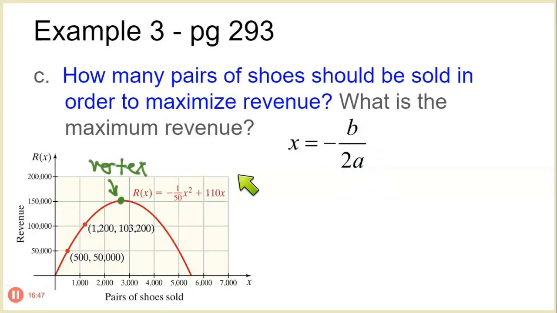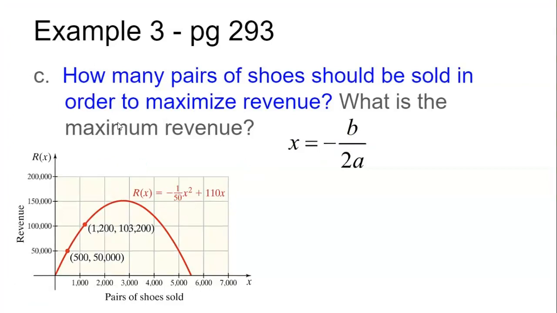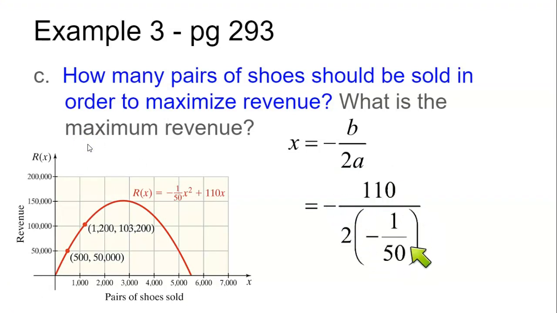So I have the value of b, 110, and then I have the value of a, negative 1 over 150. When I set that up, this is a numerical calculation. I can evaluate that utilizing my calculator, and that's going to give me the number of pairs of shoes that will obtain the highest revenue.